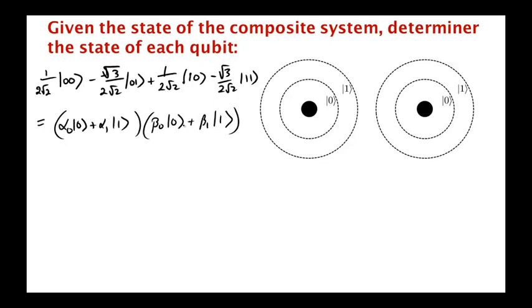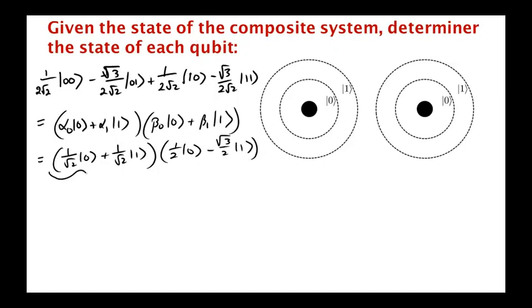And so, for example, in this previous case, we could factorize it as 1 over square root 2, 0 plus 1 over square root 2, 1, times 1 over 2, 0 minus square root 3 over 2, 1. And we could say that's the state of the first system.